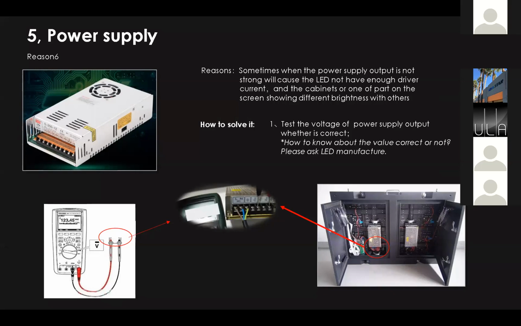Sometimes the power supply output is not strong, which causes the LED to not have enough drive current, and the components of one part of the screen show different brightness from the others. So what we can do is test the voltage of the power supply output, whether it's correct. And how can we know the value of the correct voltage for the power supply? Maybe for this part, just check with your LED supplier or the LED manufacturer.